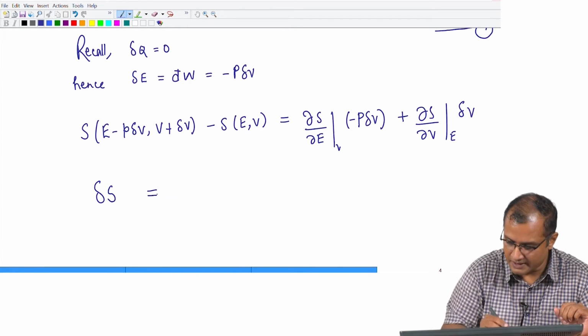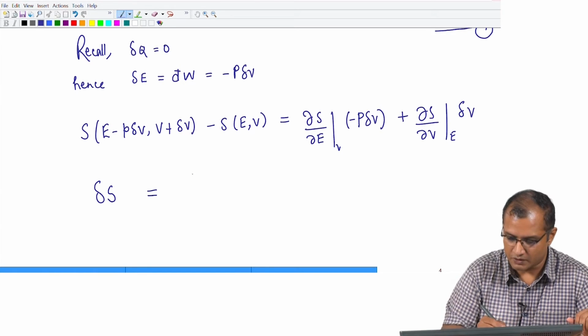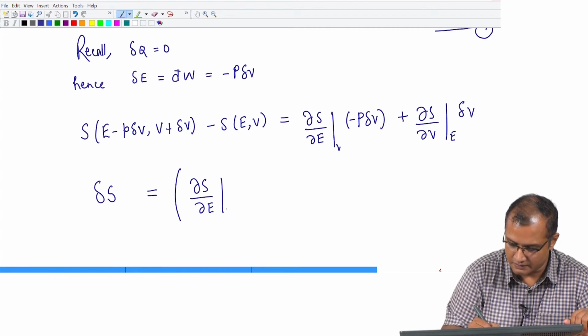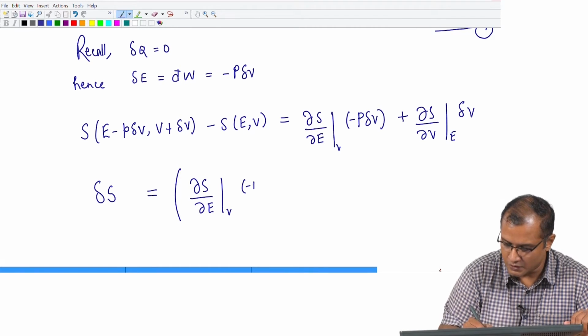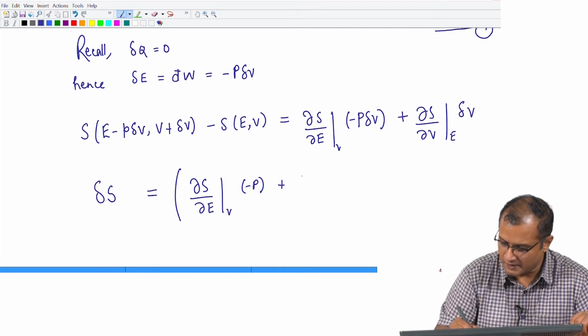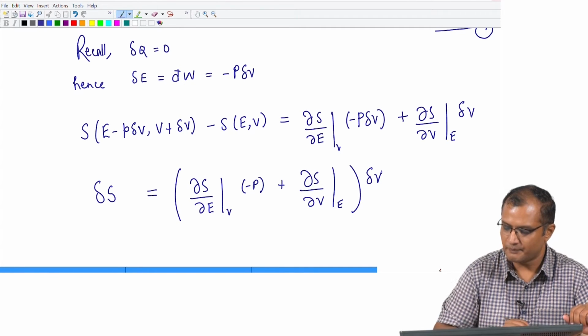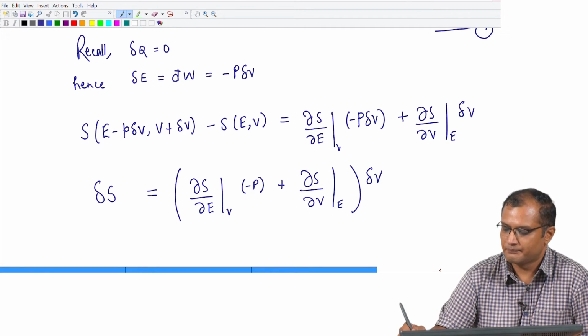And on the right hand side you can take delta V outside as common and write delta S over delta E at constant volume into minus P plus delta S over delta V at constant energy into delta V, okay.